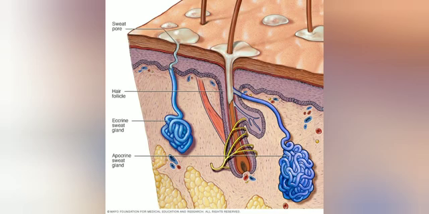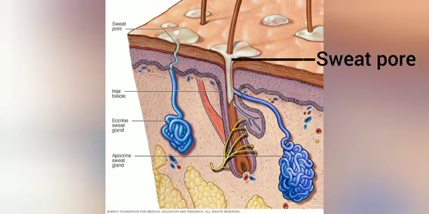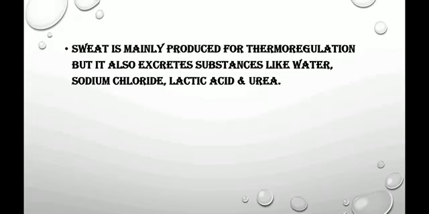These sweat glands are simple, unbranched, coiled tubular glands which open on the surface of skin through an opening called sweat pore. Sweat is mainly produced for thermoregulation, but it is also useful in excretion of substances like water, sodium chloride, lactic acid, and urea.